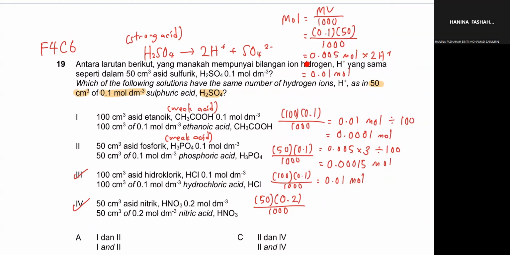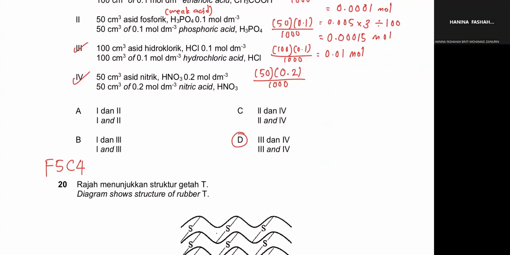So you get 0.01. But for nitric acid, HNO3 or HCl, I need to produce 1H plus, so I times 1. One HCl produces H plus, and HNO3 produces one H plus and NO3 minus.